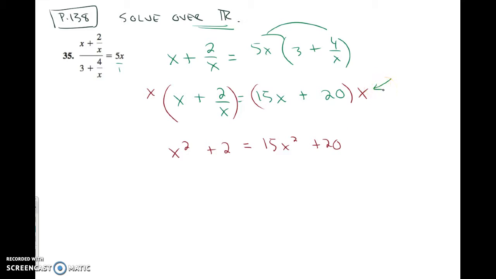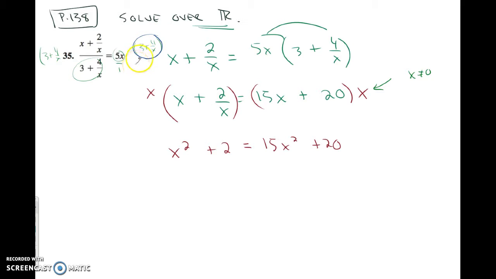By the way, I should point out that right here I multiplied both sides by a variable expression, so x cannot equal 0. Or I should say I can introduce extraneous solutions. But whenever you cross multiply, you actually are multiplying by a variable expression as well. I'm basically multiplying by (3 plus 4 over x) over (3 plus 4 over x). And I do also want to point out that there's a tricky domain restriction there.